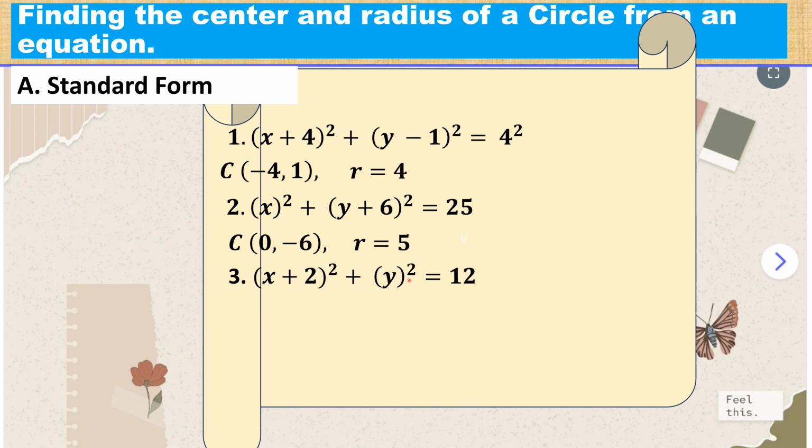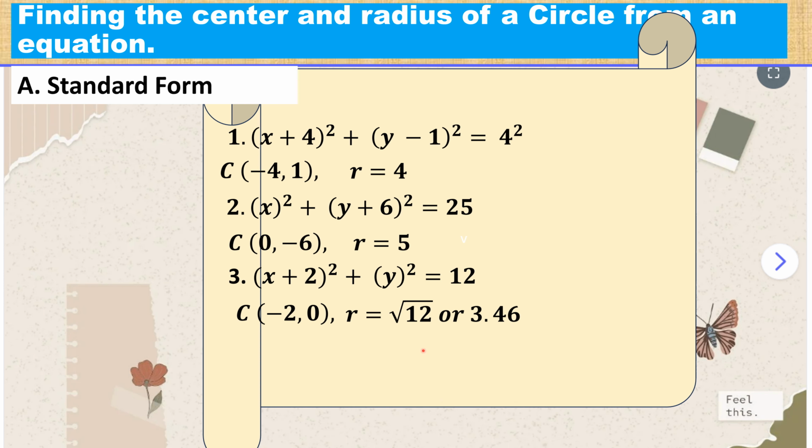Okay, let's proceed to number 3. You have there (x plus 2) squared plus y to the power of 2 equals 12. So the center there is negative 2 and 0. So again, the y to the power of 2, then it is understood that the y coordinate of the center is 0. And so for 12, what is the square root of 12?